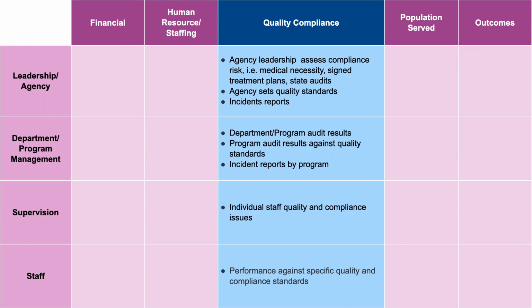Supervisors need that information to be able to understand how their individual staff are performing, and staff need that sort of information to understand the quality of their work and the standards of it against audited compliance standards. Again, all these different data sets need to be readily available if we're able to manage an agency at these discrete levels.